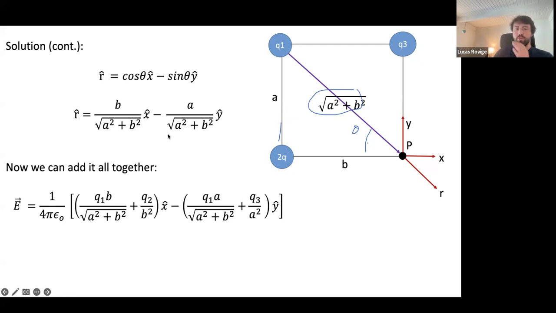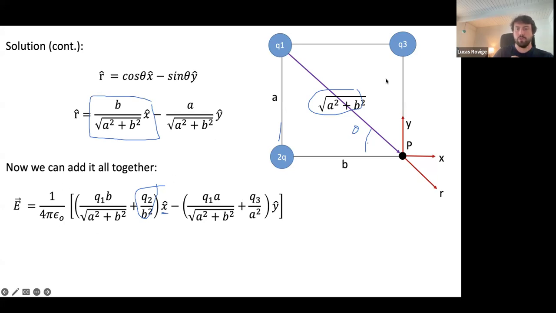So we can add all the contributions together. The electric field is equal to, we can factorize this 1 divided by 4 pi epsilon 0. First, let's look at the x contribution. We have Q2 divided by b squared, and we also have the contribution of this term from Q1, Q1 multiplied by this factor, which gives the contribution in x.